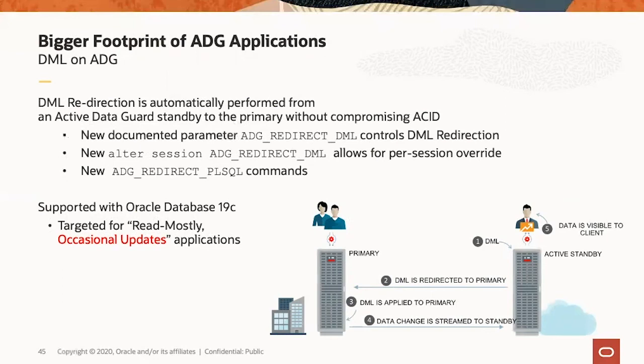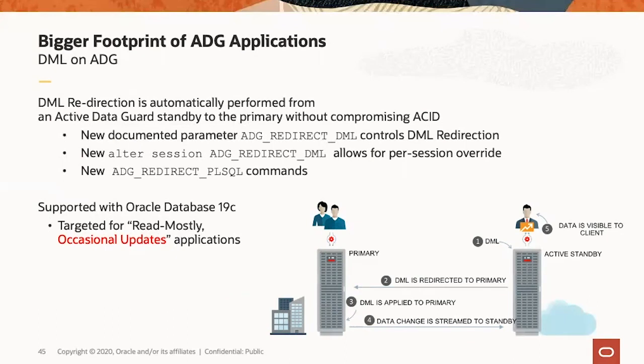By default, it just remains a read-only database, but when you set the parameter ADG_REDIRECT_DML with alter session or alter system, then the standby database knows that the moment DML is issued against it, it has to forward it to the primary database. On the primary database, it arrives as a very normal transaction, and it has its own SCN and everything. So even if at that point in time you cut the connection between primary and standby, the transaction has arrived on the primary, and it stays consistent. So it's fully ACID compliant.